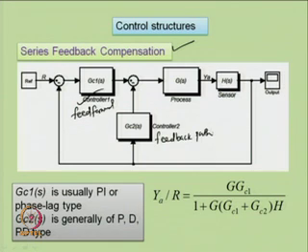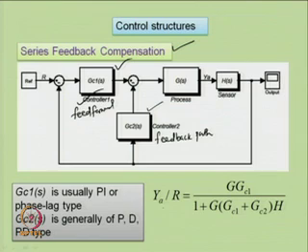Now, GC1 is usually a PI or phase lag type of controller, and GC2 is generally a proportional derivative type of controller.